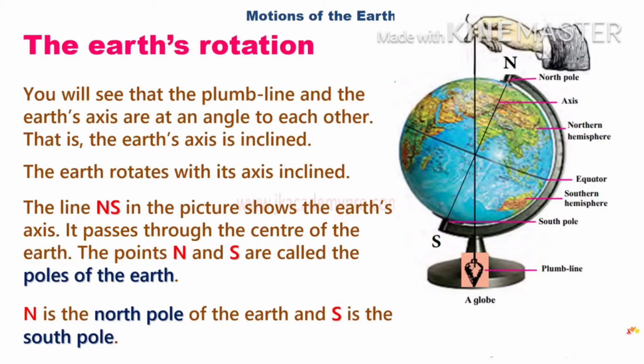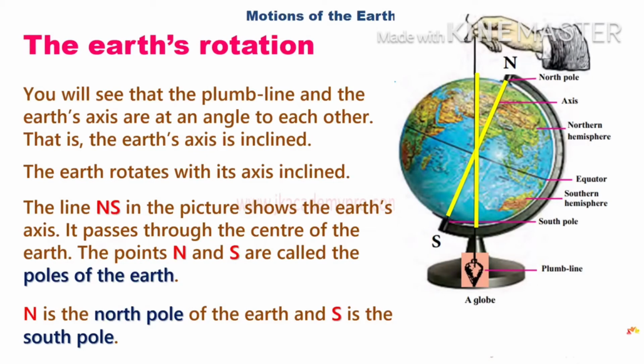Now see, what can you see here? You will see that the plumb line and the earth's axis are at an angle to each other. You can see in the picture. The earth's axis is inclined. By this we know that the plumb line is straight but the axis is inclined. Inclined means not straight, not totally straight.